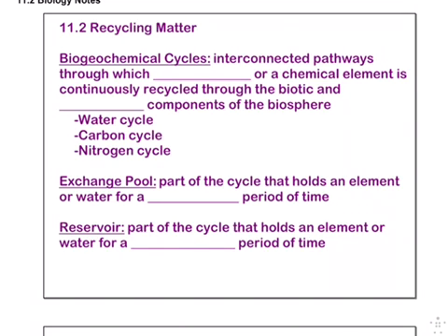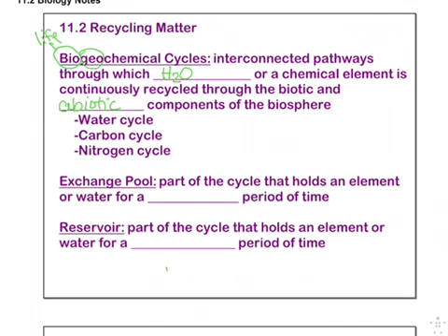So biogeochemical cycles are these interconnected pathways through which either water or other chemical elements are continuously recycled through the biotic and abiotic components of the biosphere. So bio, meaning life is involved.